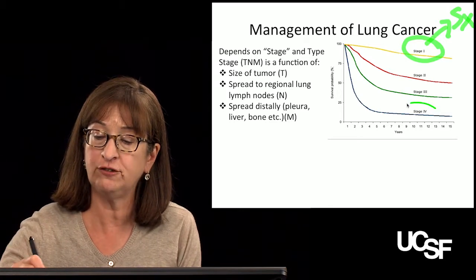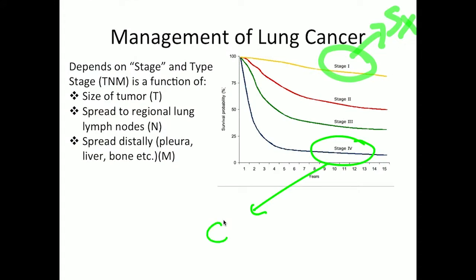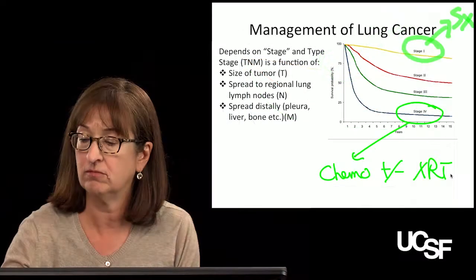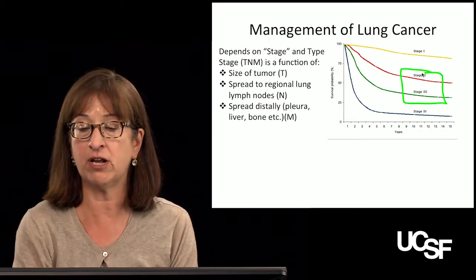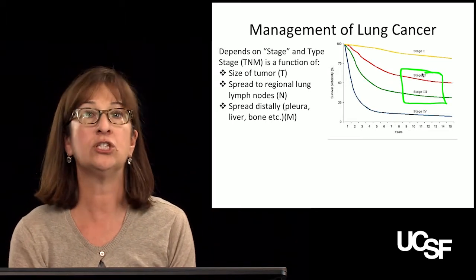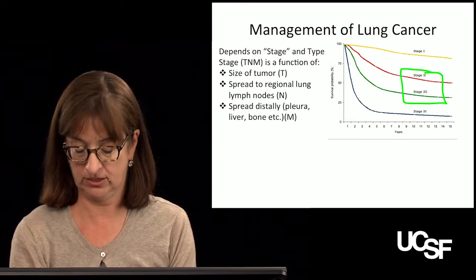For stage 4, unfortunately, surgery won't work, so we're talking about chemotherapy plus or minus radiation, so I'll call that XRT. For the stages in between, again, we use our multidisciplinary conference to try to tailor the specific therapy based on what is best for that patient.